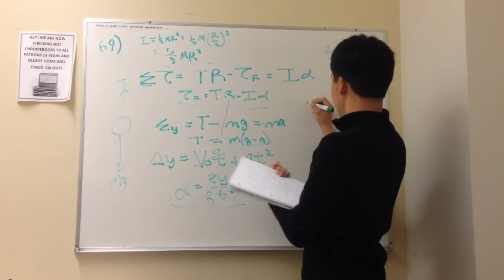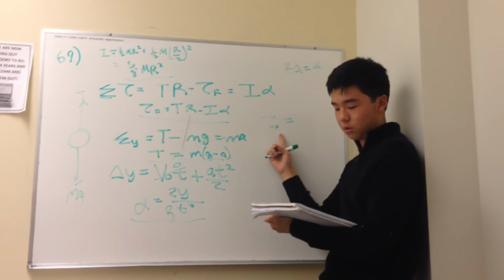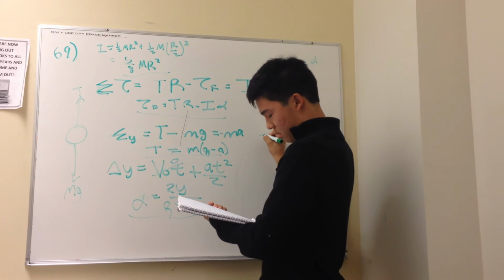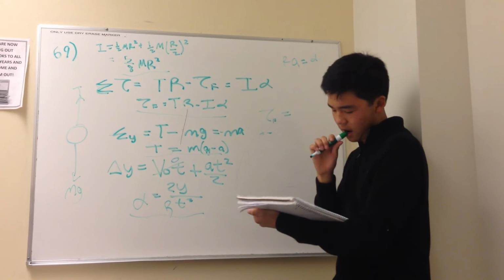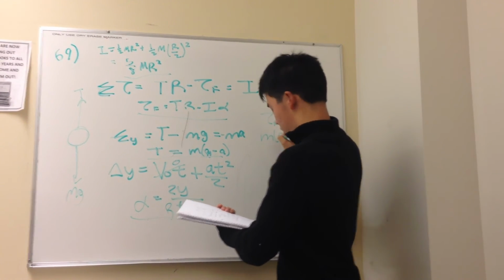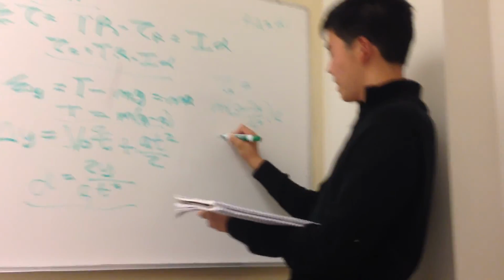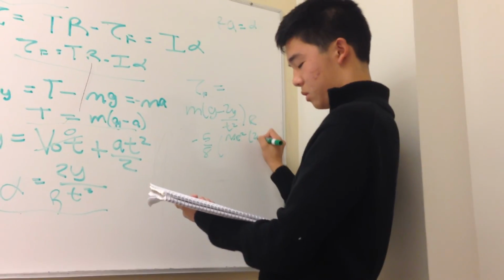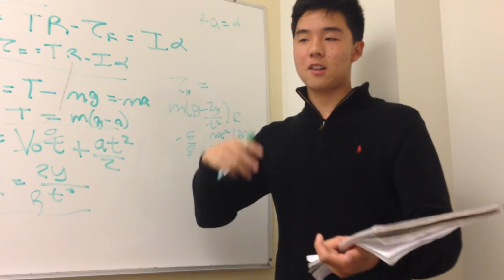Your answer will be that the frictional torque equals m times g minus 2y over t squared, times r, minus 5/8 m r squared times 2y over r t squared. Now that's kind of messy, and that's not my final answer, so I'm going to have to simplify it.